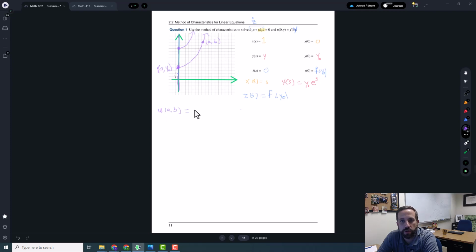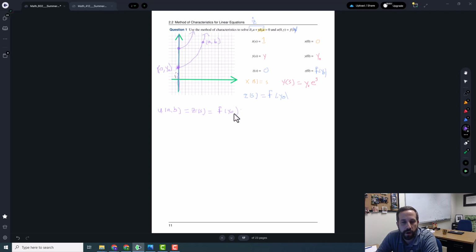Sorry, the computer is really not working with me right now. So u of (a, b) is equal to z of s. In other words, I start here and go s units along the curve. But z of s is just equal to f of y naught.